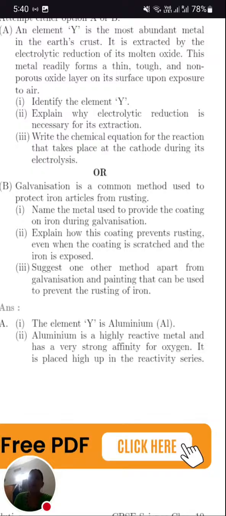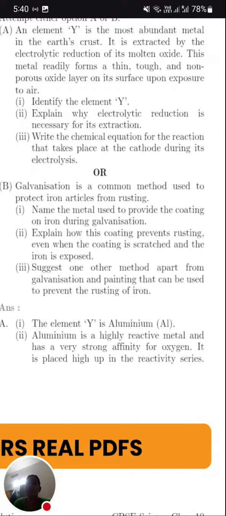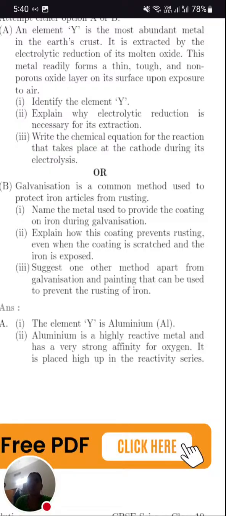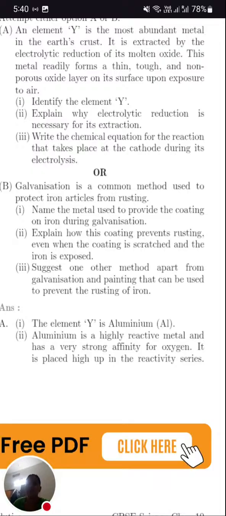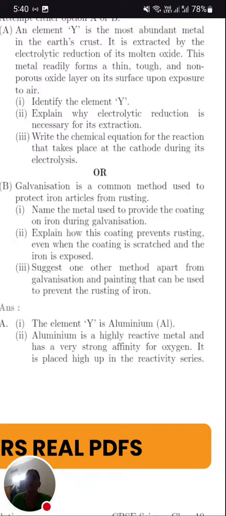But highly reactive metals have a high affinity for oxygen, so they can be extracted only by the electrolytic reduction method. So aluminium is placed high up in the reactivity series.